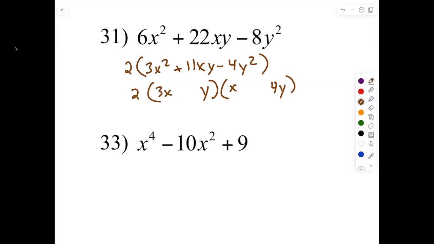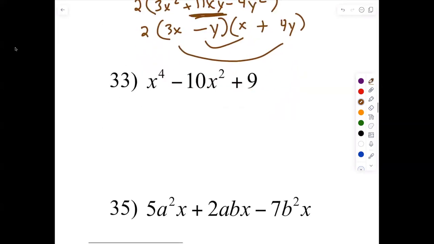Now the 4y is going to be positive and the y is going to be negative. If you check, negative 1xy, positive 12xy gives me the positive 11xy. Anybody have any issues with that? You can put 3 or 4 stars next to number 33. I like this one a lot.